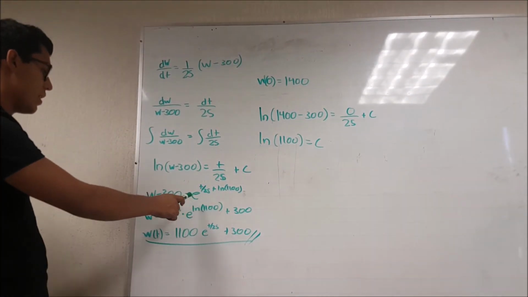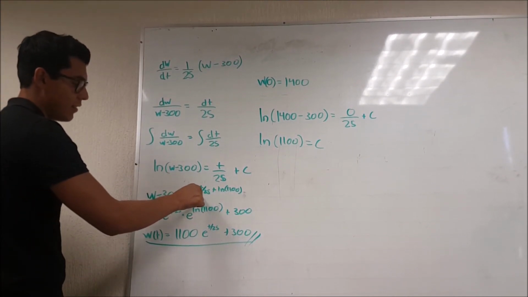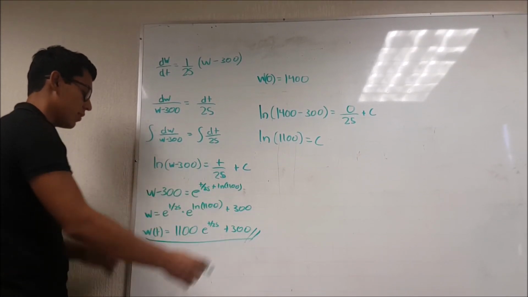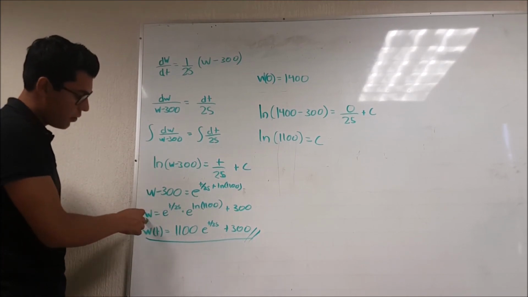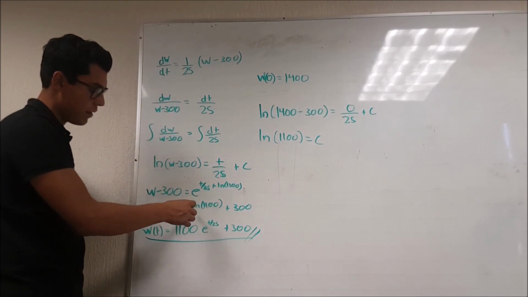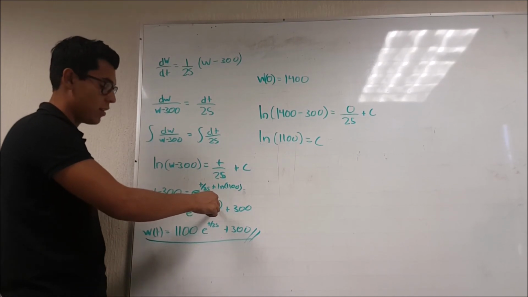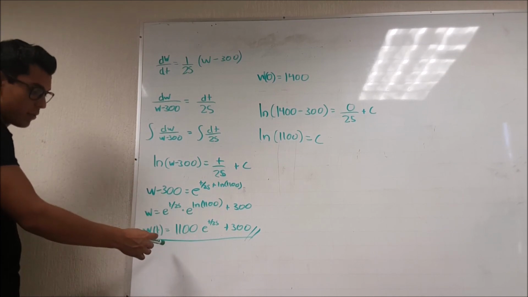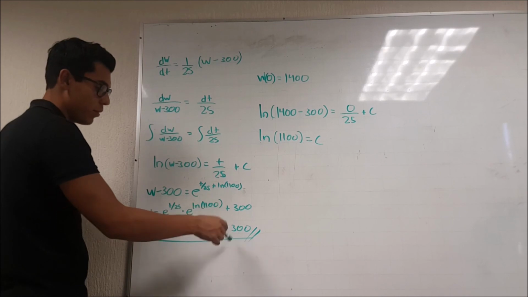Then we pass the 300 to the other side and separate this exponent and this other exponent, since it is an addition, and we get that W is equal to e to the t over 25 times e to the ln of 1100, plus 300. So the function W of t is equal to 1100 times e to the t over 25 plus 300.